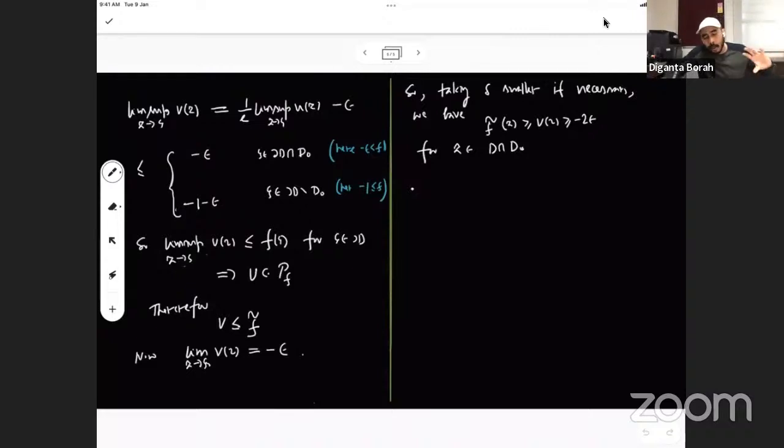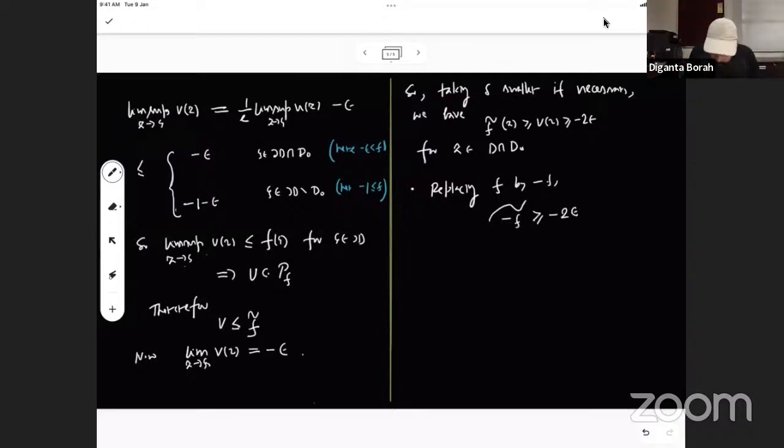So what you do now, we work with minus f. If you work with minus f, what will you get? Replacing f by minus f, you would receive that the Perron solution of minus f is greater or equal to again minus 2 epsilon. Okay, this will not change.